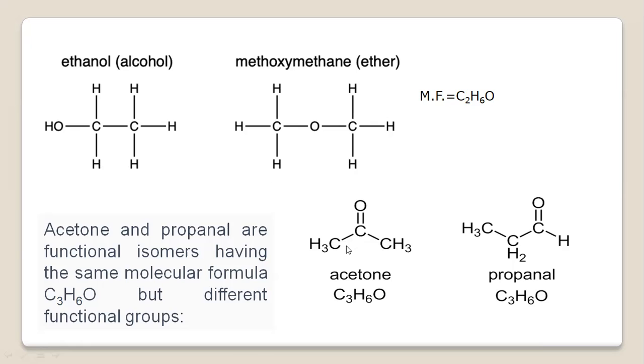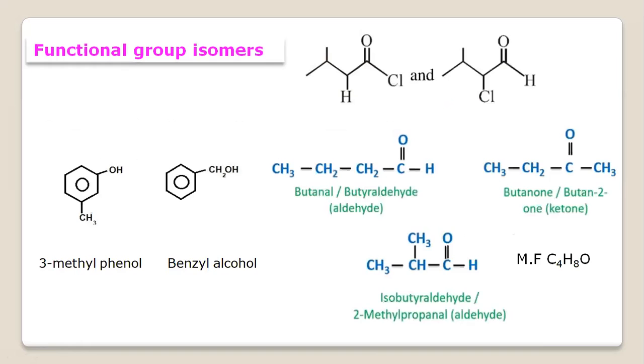But one forms the ketone functional group, whereas propanal forms the aldehyde functional group. Here C double bond O is bonded with two alkyl groups. Here C double bond O is bonded with carbon on one side and hydrogen on the other. Therefore aldehydes and ketones have the same formula C3H6O but differ in their functional group, and therefore these two are functional isomers of each other.